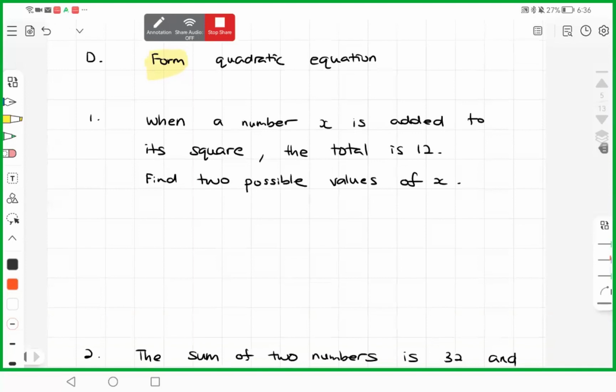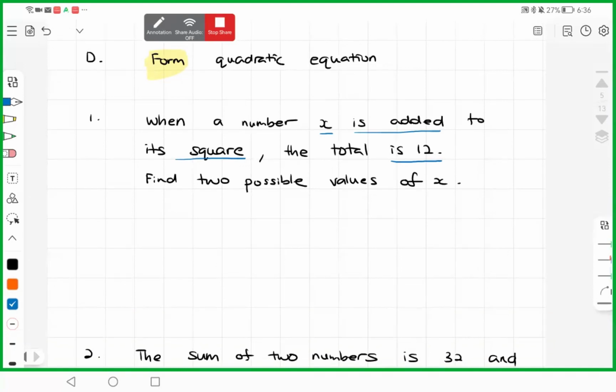So look at the example here. When a number x is added to its square, then the total is 12. By reading the first sentence, what does it mean?